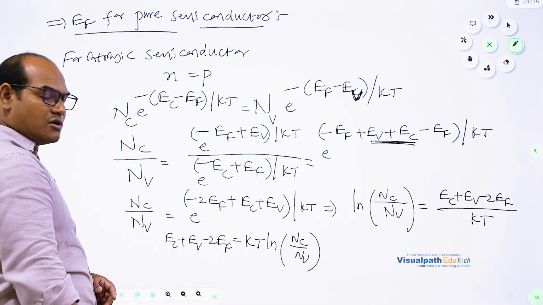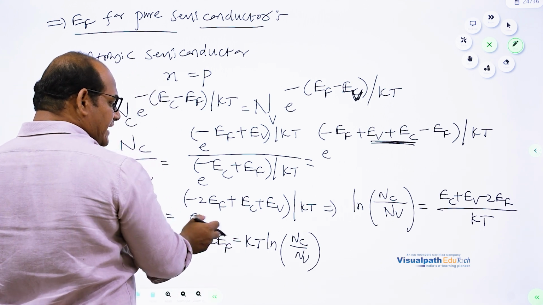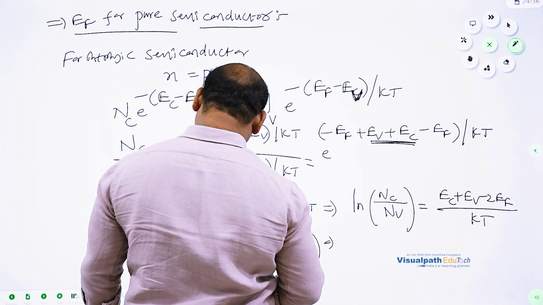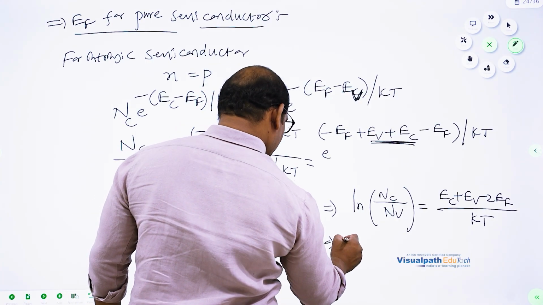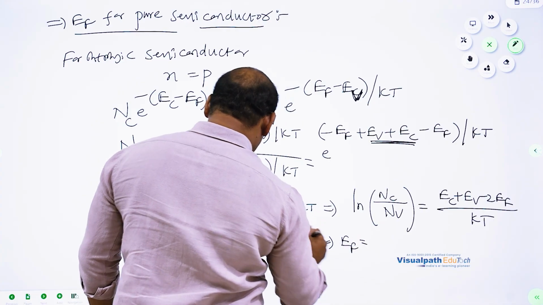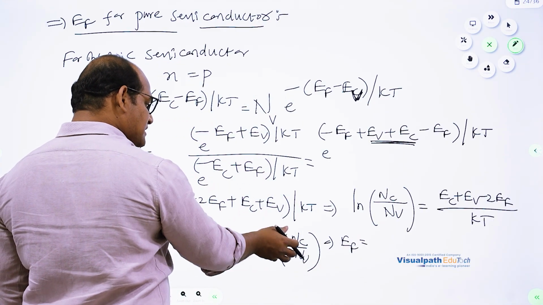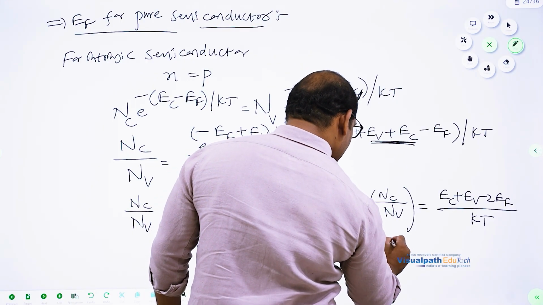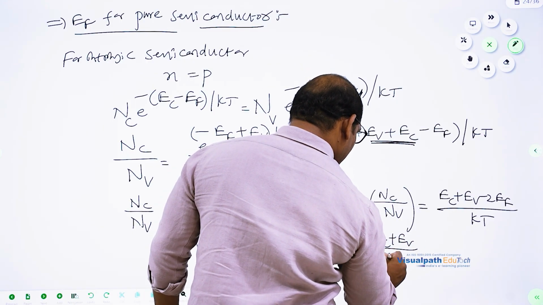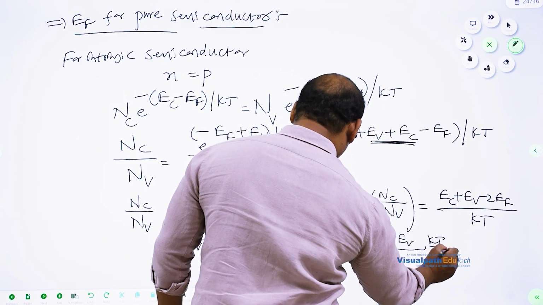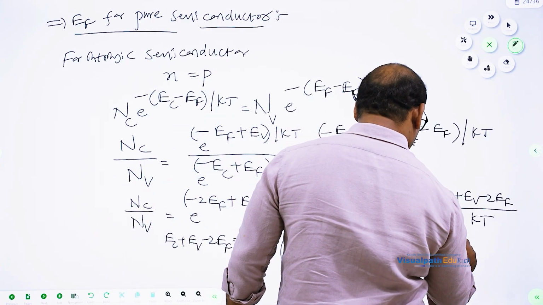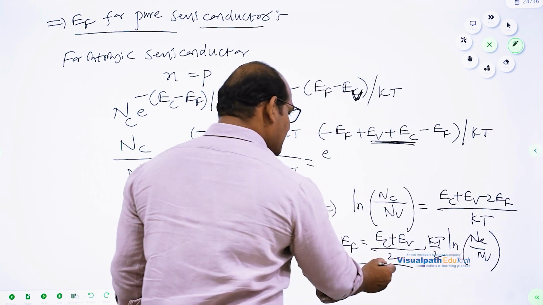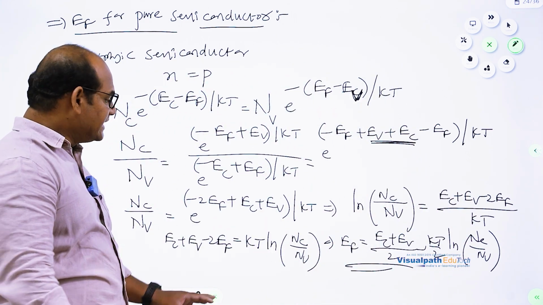Then we need to write the expression for EF. Send this to this side, send the KT term to the left side and divide by 2. So you will get EF equal to (Ec plus Ev) by 2 minus (KT by 2) into ln of Nc by Nv. So this is the expression for the Fermi energy level in the intrinsic semiconductor.